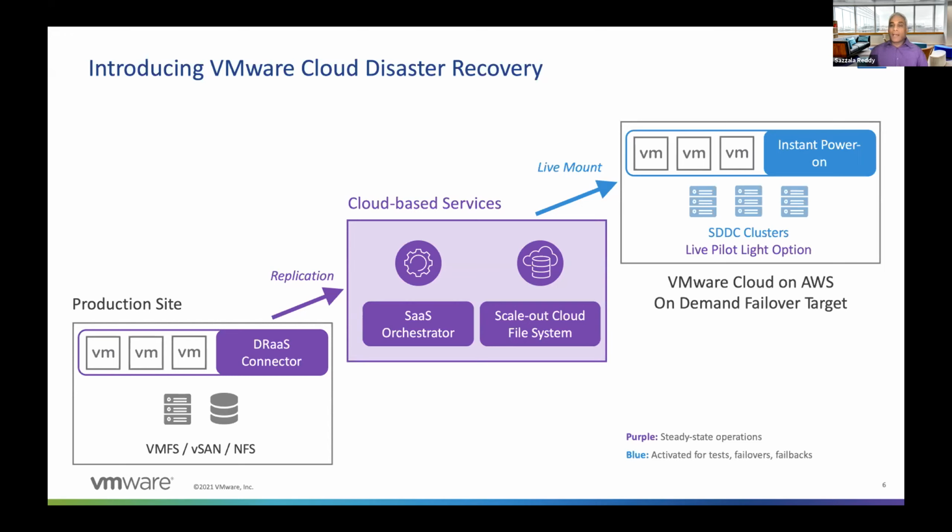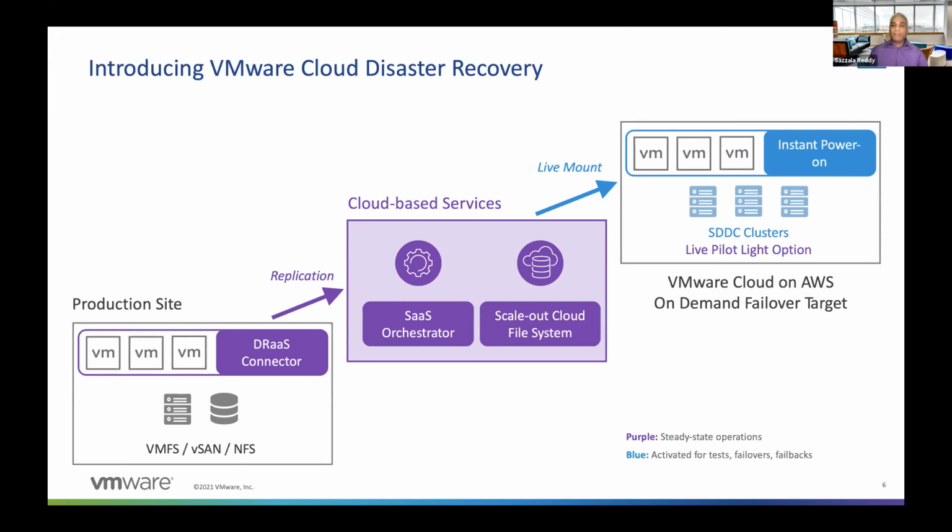If you want to avoid that time and some setup costs, you can have a pilot light where you pre-configure things and have it ready to go when you actually have a disaster event. It's still a small cluster. It's not the full 20 servers you need to run your workloads. So the cost remains low whether you choose a pilot light or not. Then you start running your workloads there. The advantage is that because it's VMware on both sides, it looks the same. You haven't changed any tooling.